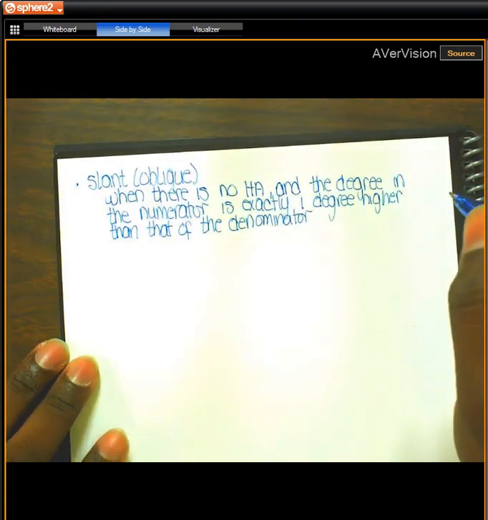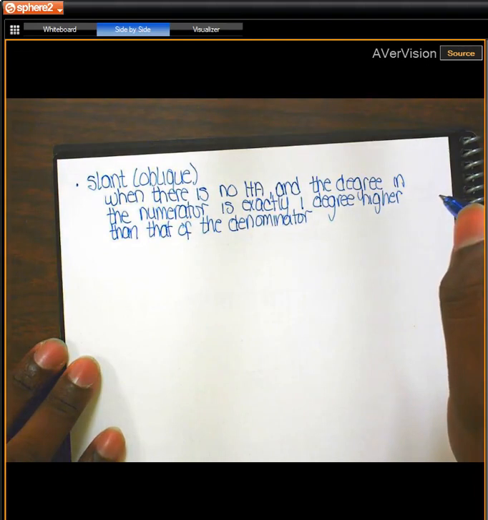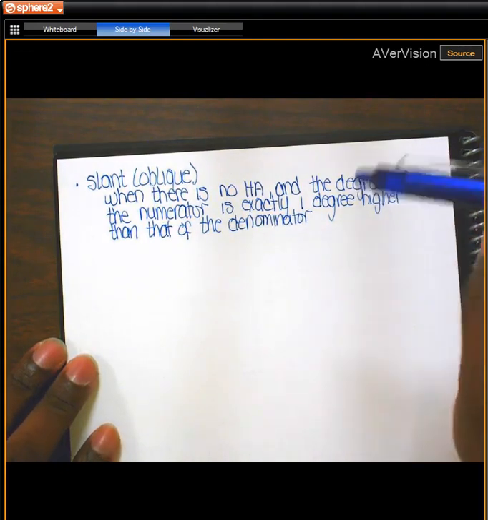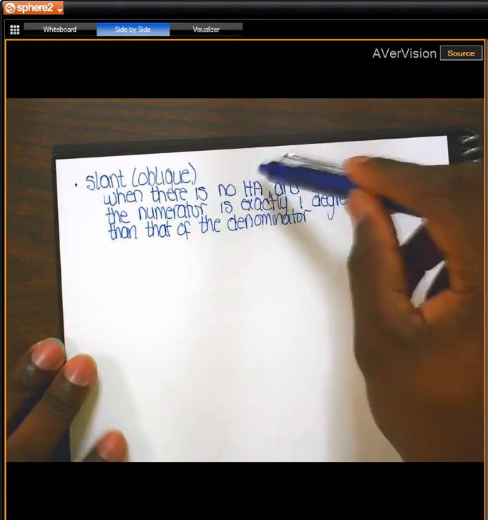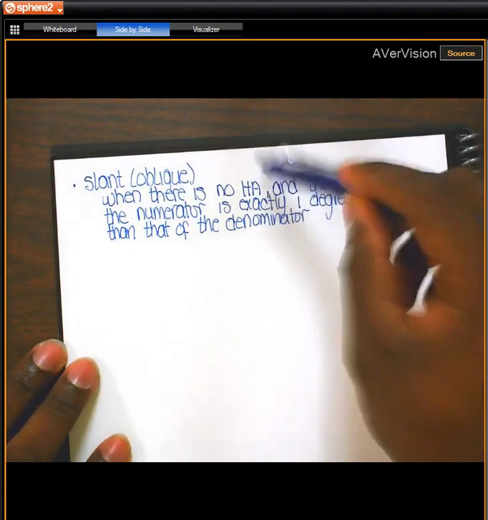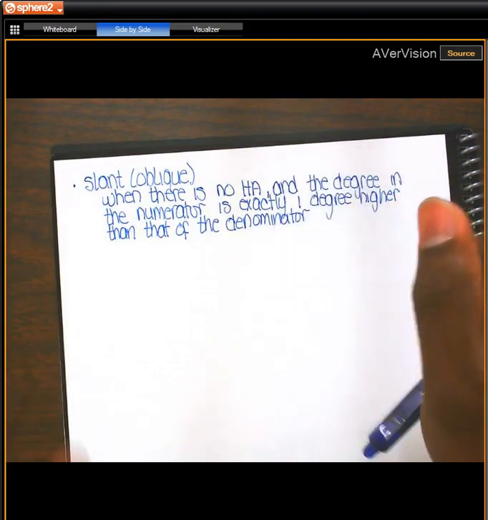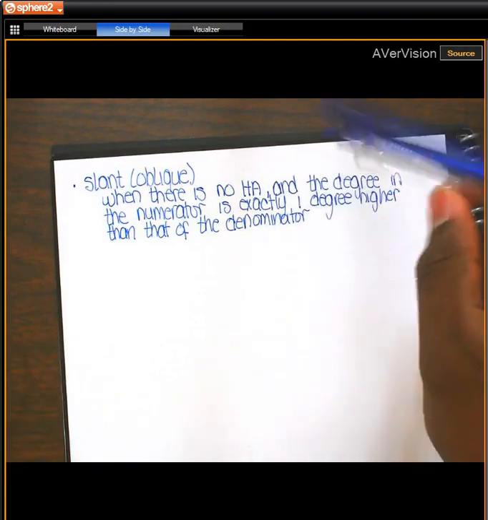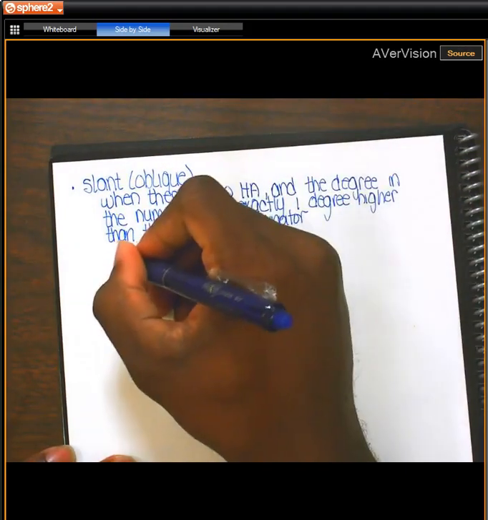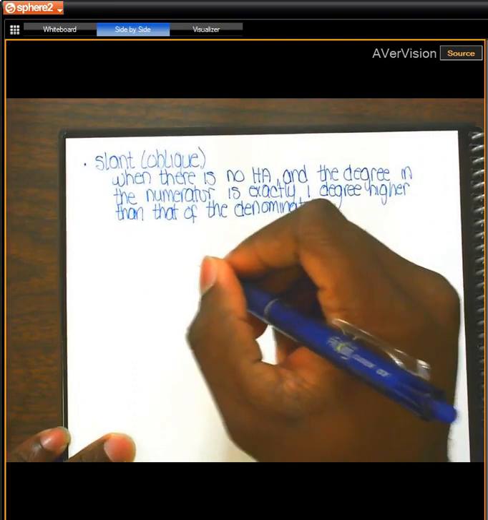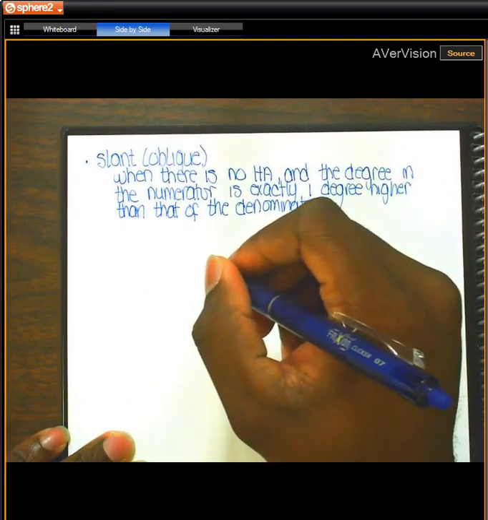Do you remember that? Yeah. So there has to be no horizontal asymptote, and most importantly, the degree in the numerator has to be exactly 1 degree higher than the denominator. You said you kind of remember it. Do you remember how to find the oblique asymptote?